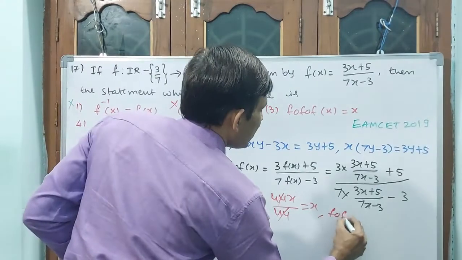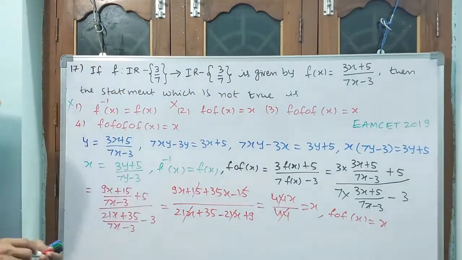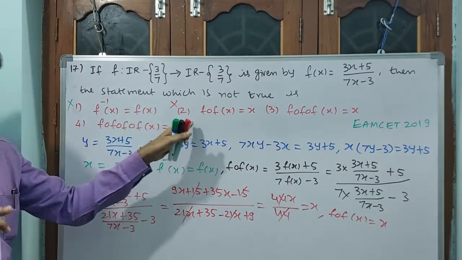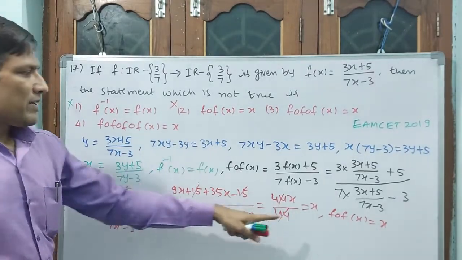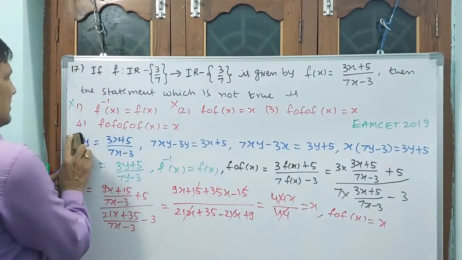F of f of x is equal to x. Okay. Now you see, both answers are correct, but those are not required. Which is not correct, we require. See, when f of f of x is equal to x has come, I am rubbing this, you see here.